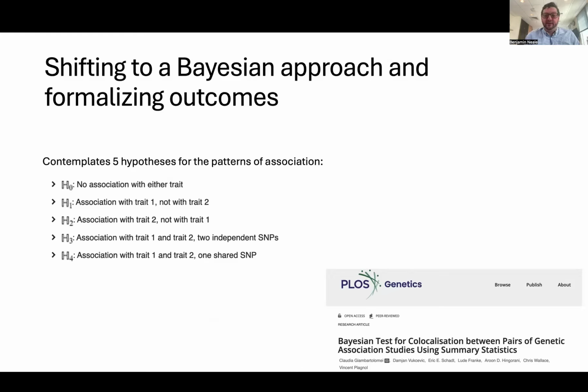And that's that there's an association with both traits, but it's driven by two distinct SNPs, or that there's an association to both traits driven by exactly the same SNP. So this H4, hypothesis 4, under the single causal variant in a locus assumption, provides this posterior probability framework. And I think this is the heart of colocalization.